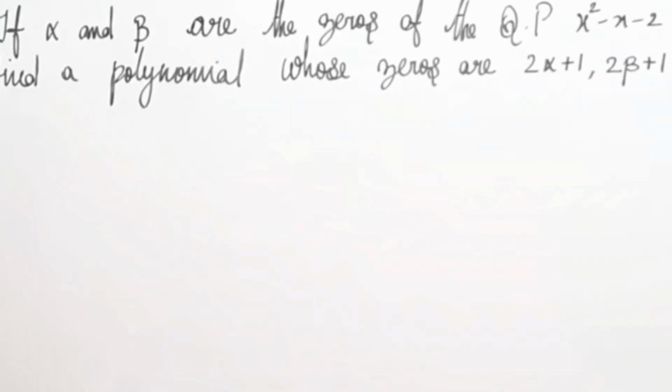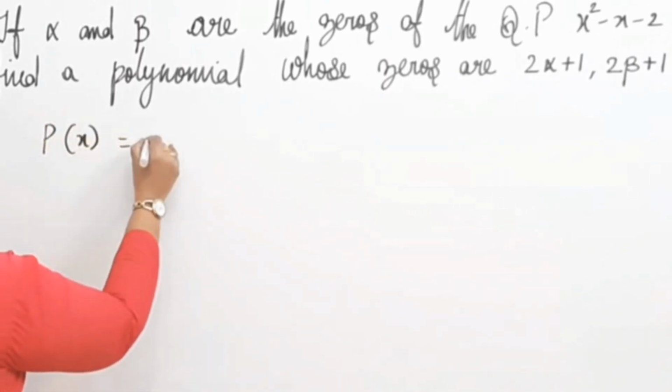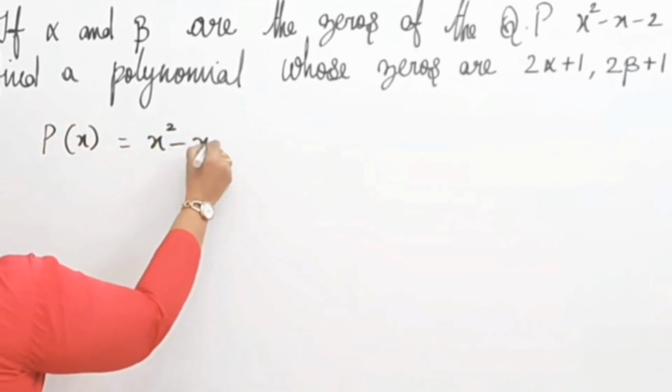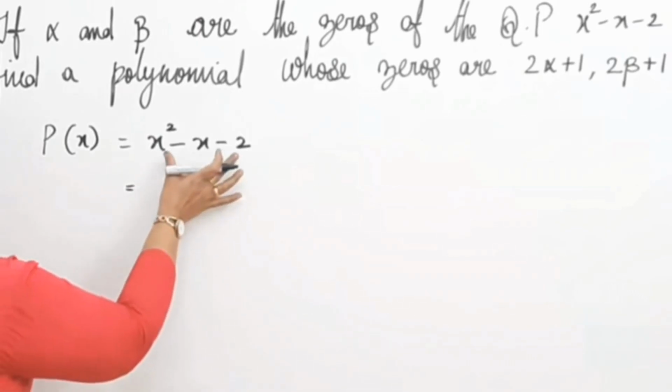If alpha and beta are the zeros of the quadratic polynomial x square minus x minus 2, find the polynomial whose zeros are 2 alpha plus 1, 2 beta plus 1. Now, what I told you, first you will write your p of x is equal to x square minus x minus 2. Now, we find the factors for this. Why? Because that is possible.